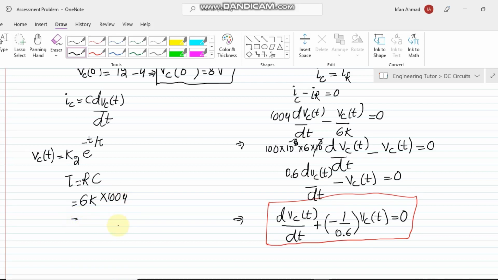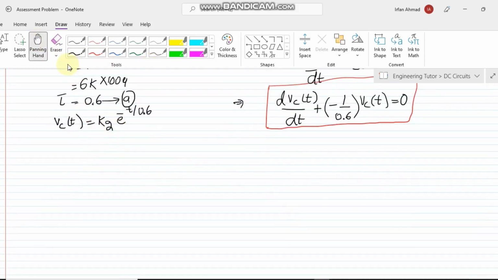So ultimately we will get 0.6. That would be the value of tau. So what I will get is VC(t) equal to K2 exponential of minus t over 0.6.